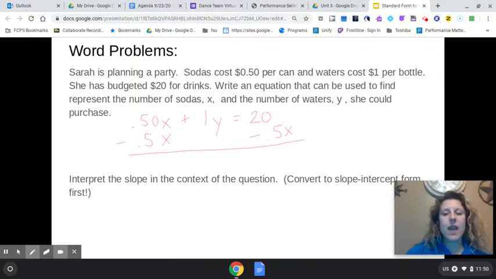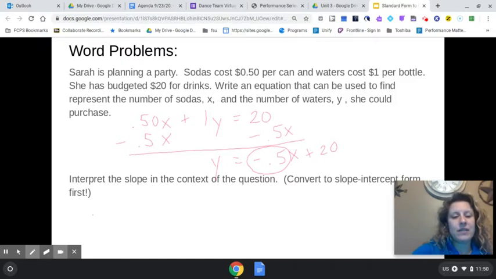And we get 1y, or just y, is equal to negative 0.5x plus 20. We can see that our slope is negative 0.5. I'm going to go ahead and put this over 1.